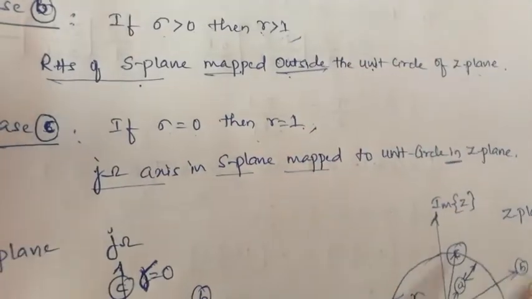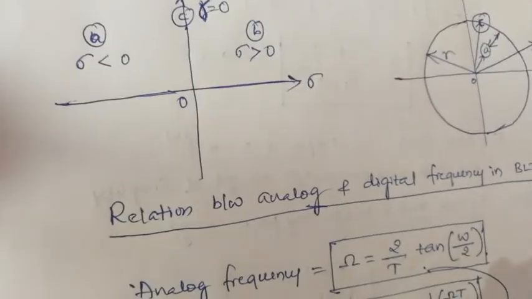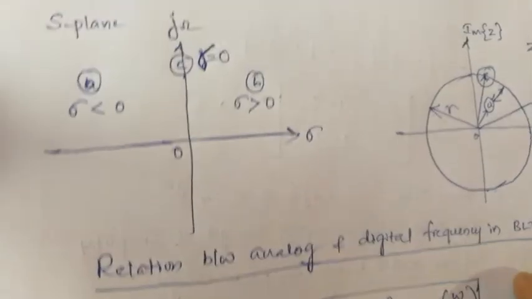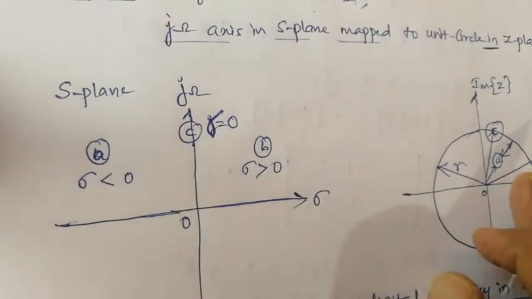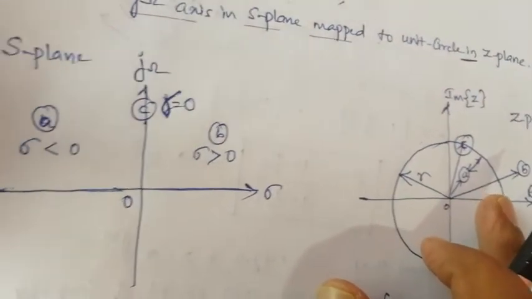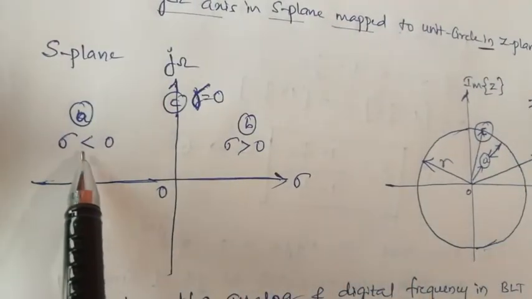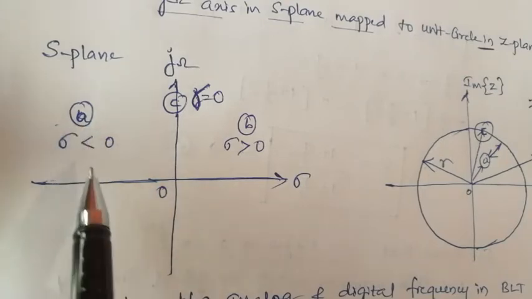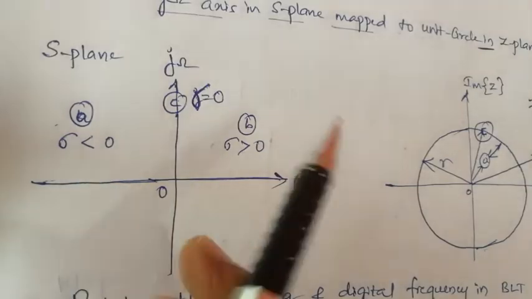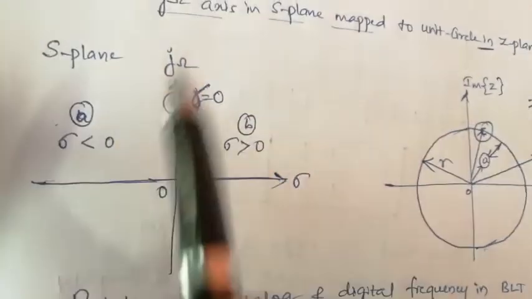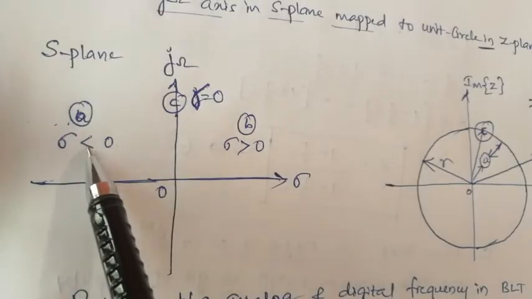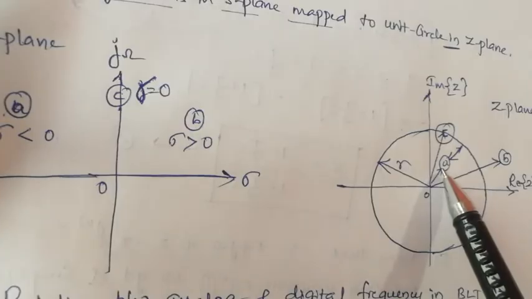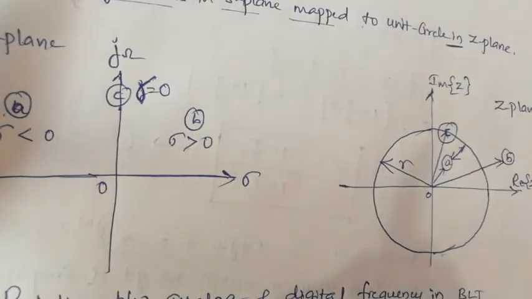All these three cases we are going to discuss once again with the help of the diagrams of S plane and Z plane. It is the S plane diagram and it is the Z plane diagram. First case, if sigma is less than 0, I indicated as case A. Sigma less than 0 means it is the LHS part of S plane, and that is mapped inside the unit circle of Z plane.